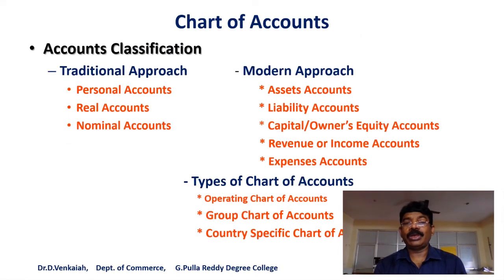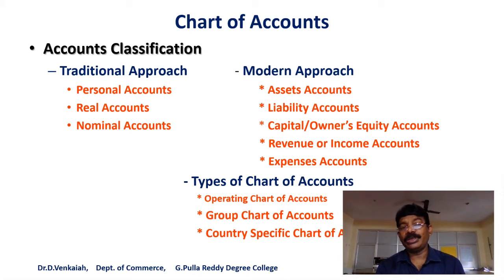Coming to the chart of accounts. The usual chart of accounts class and the traditional classification will give a better understanding. Everybody knows personal accounts, real accounts, and nominal accounts. Under personal, all the persons are grouped into personal accounts, assets are grouped into real accounts, and other accounts come under nominal accounts.